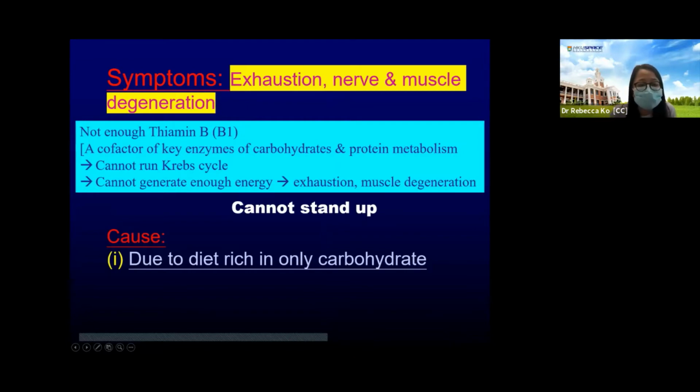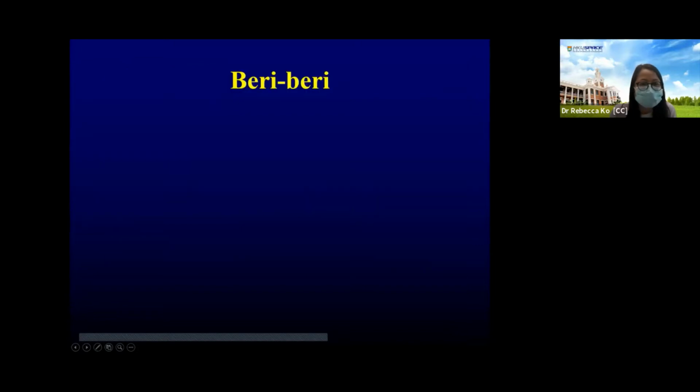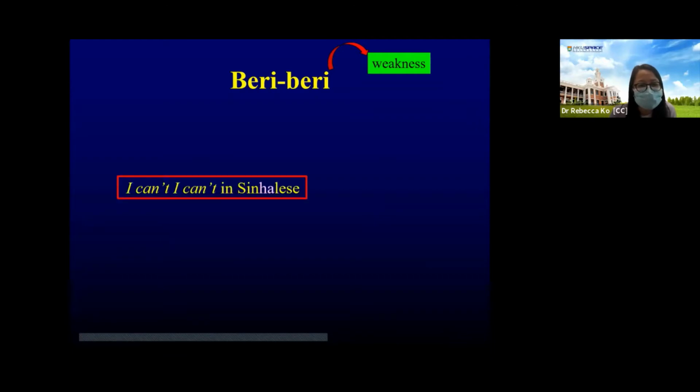Oh yeah, it's due to a diet rich in carbohydrates. What's the reason? Rich in carbohydrates, and probably that's good, right? But don't forget, if there's not enough thiamine, you can't break down the carbohydrates, can't produce energy, and that is a kind of weakness.